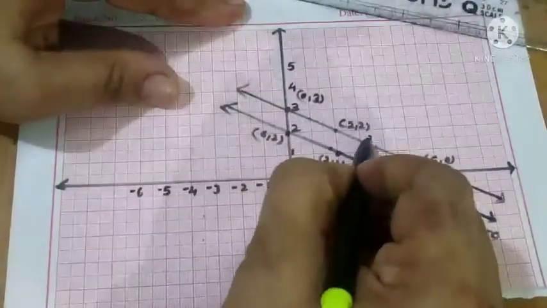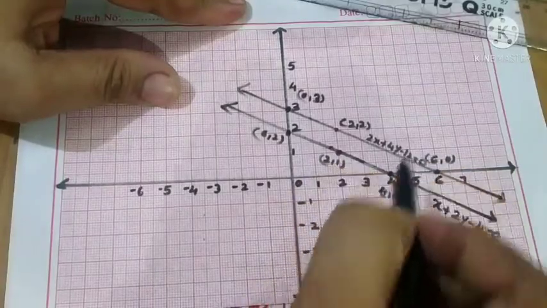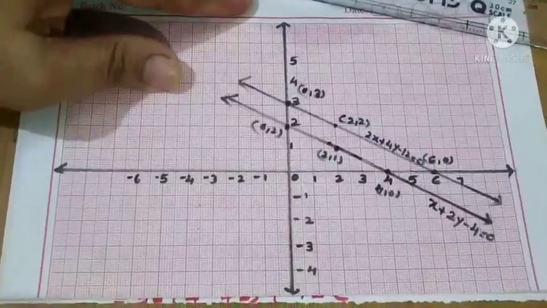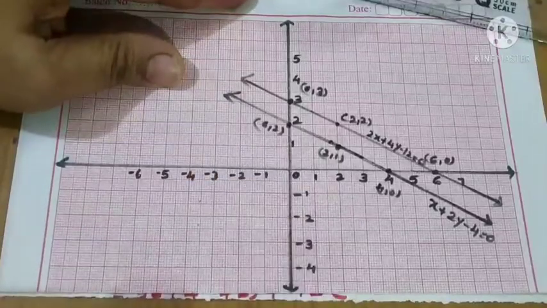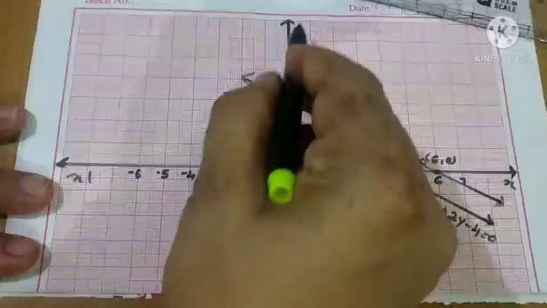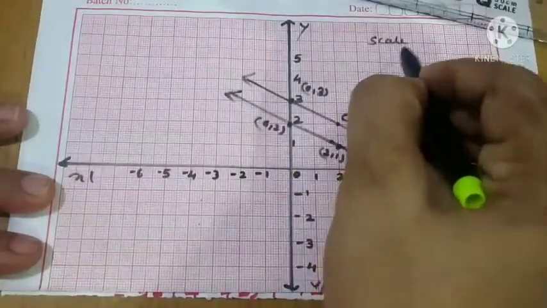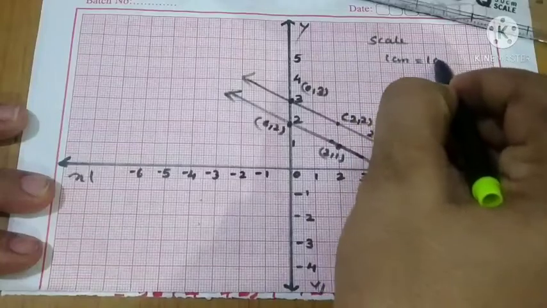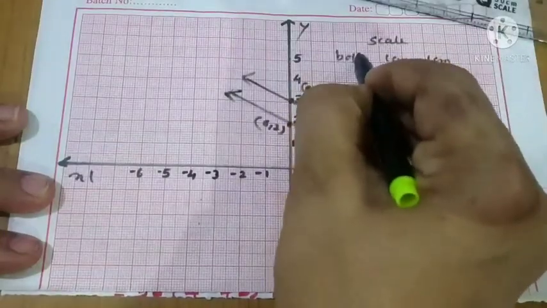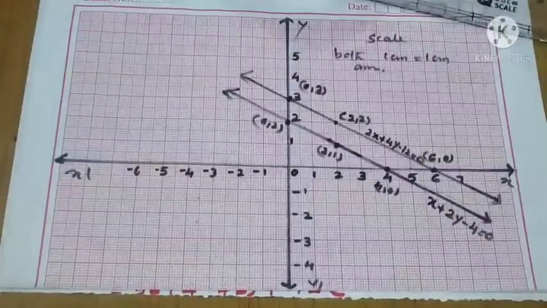It is 2x plus 4y minus 12 equal to 0. So what type of lines are you getting here? They are parallel. So here also we should mark X X dash, Y Y dash, and the scale we should write: 1 centimeter equal to 1 centimeter on both the axes. So this time we got parallel lines.